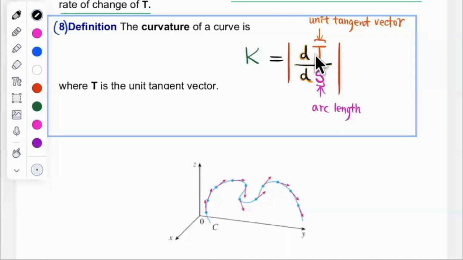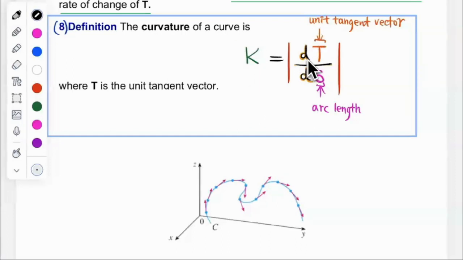And this T here, remember, T is the unit tangent vector. Now dT/ds, s here is the arc length. So that is the rate of change of the unit tangent vector with respect to the arc length. And then you take the magnitude of this. That's called the curvature.